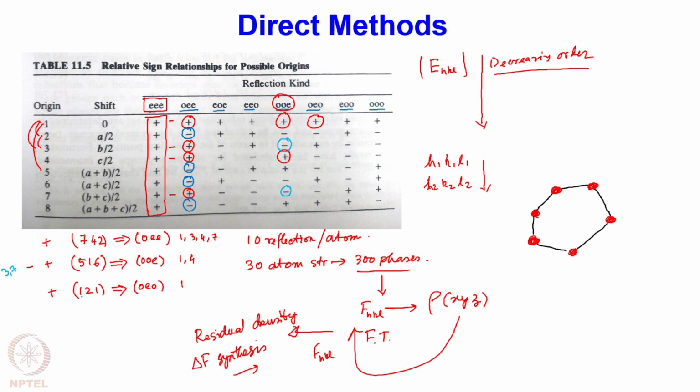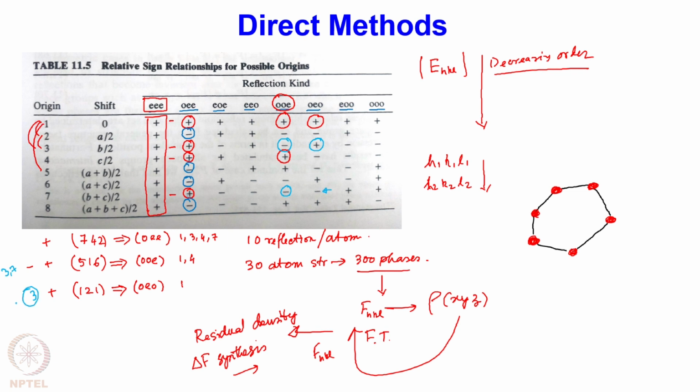So now for 1 to 1 to have a plus sign, matching with the plus and minus of the first two, we should have plus minus, and it can have plus here, while plus minus is having minus there. So the only choice is now reduced to the origin 3.